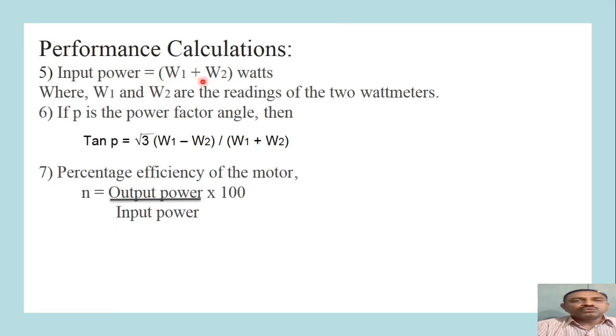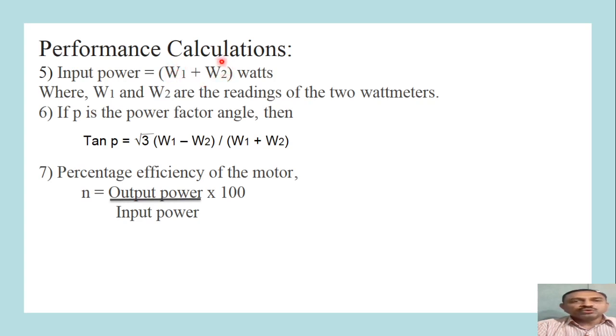Now the next calculation we need to do is the input power. As we are using 2 wattmeters, we only have to add up the readings of the 2 wattmeters. Before we add these two readings, we must multiply each by the given multiplying factor. Suppose W1 has a multiplying factor of 2 and its reading is 100, then W1 will be equal to 100 into 2, that is 200 watt.